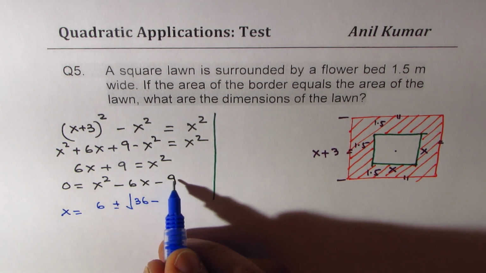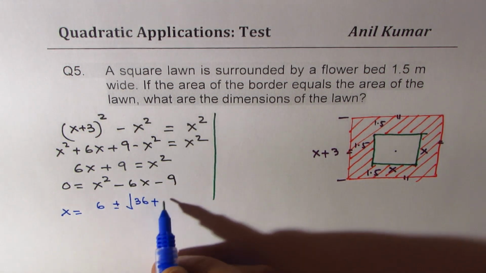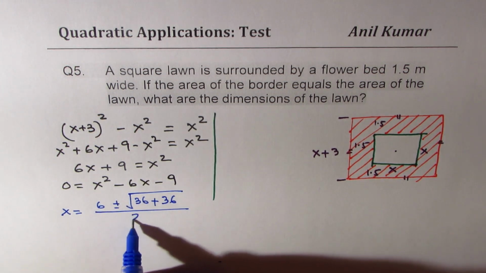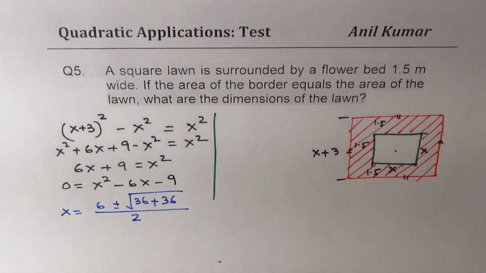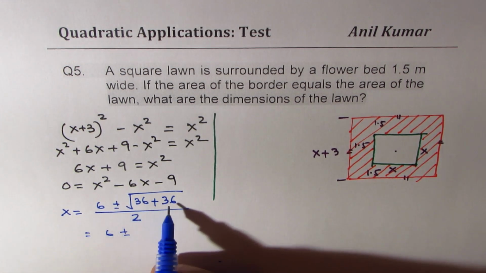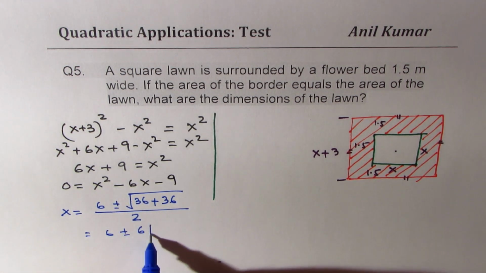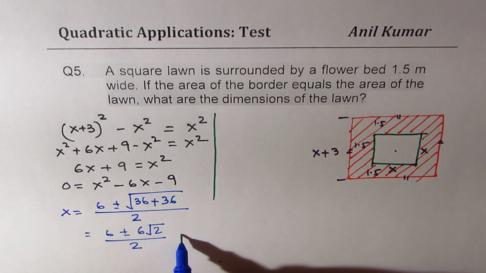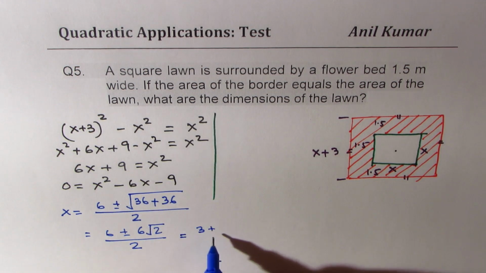So 4 times 9, 36. Because of negative, it becomes 36 positive. Over 2a. Okay. So that gives you 6 plus minus square root of 72, that is 6 square root 2, over 2, and the exact value will be 3 plus.